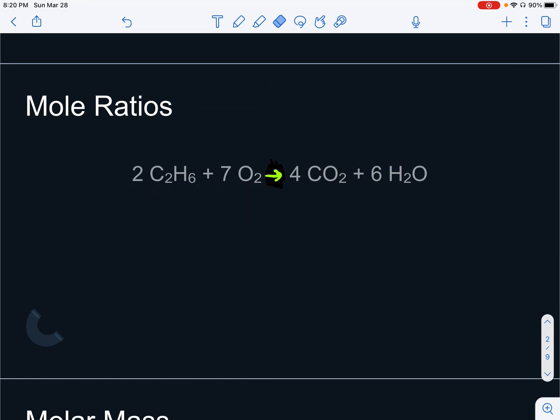You could also say, if you want to bring in Avogadro's number, 6 times 10 to the 23rd particles, that whenever you have 2 moles, you'll need 7 times 6 times 10 to the 23rd particles of oxygen to react with it, and then you would produce 4 times 6 times 10 to the 23rd particles of carbon dioxide out of it.